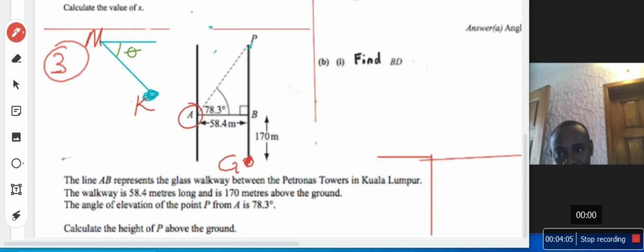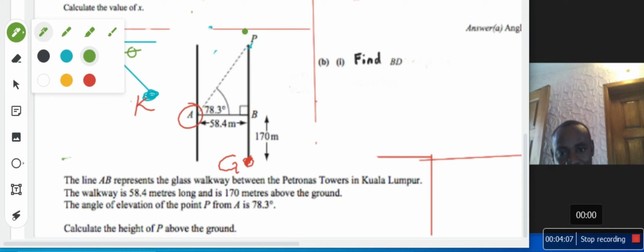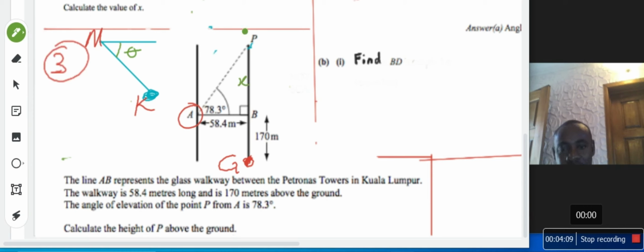We can call it X. So opposite over what? Adjacent. That's tan. Tan 78.3 to get X. Exactly, when we get it, to find P to G, we just add that to 170.